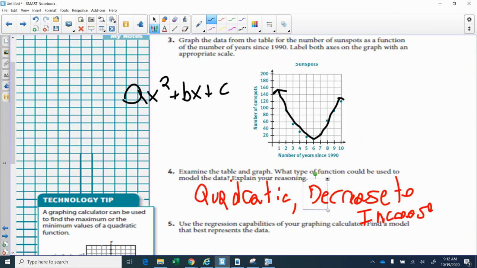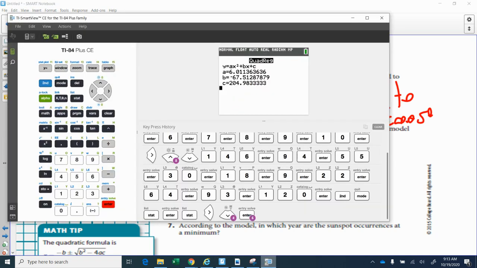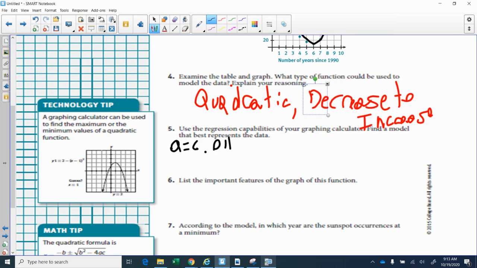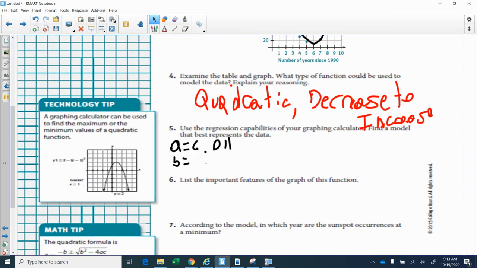So let's go ahead and write that down. A equals 6.011. B equals negative 67.513. Let me double check. Yep, negative 67.